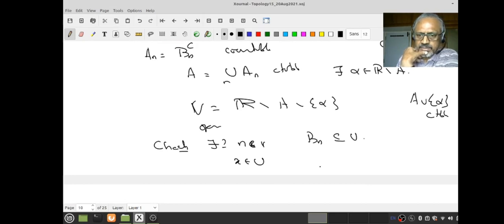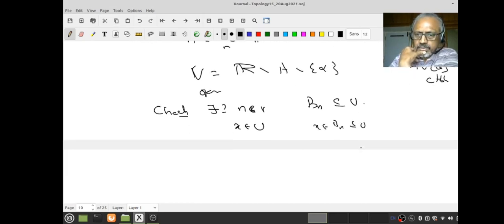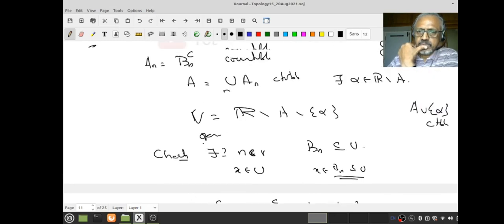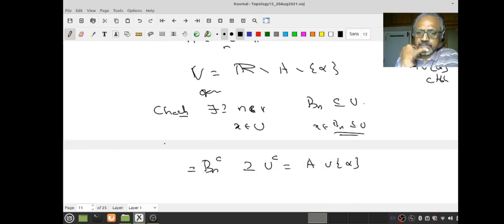That means there is a Bn so that x belongs to Bn and Bn is contained in U. If that is true, what happens? Then since Bn is contained in U, Bn complement contains U complement, and U complement is A union alpha, right? And Bn complement is, by definition, An.